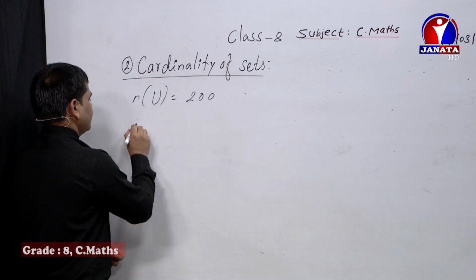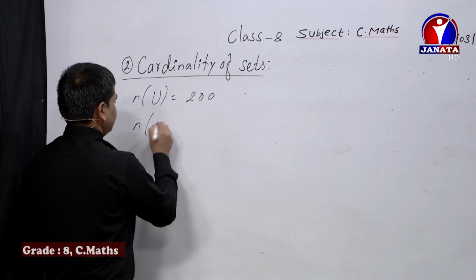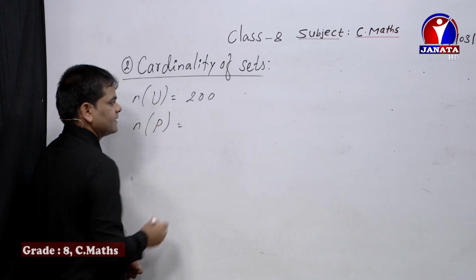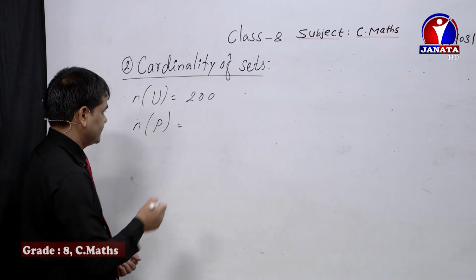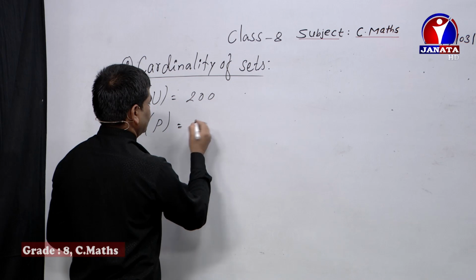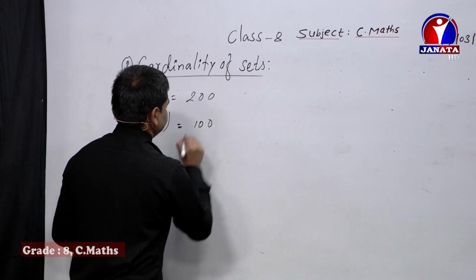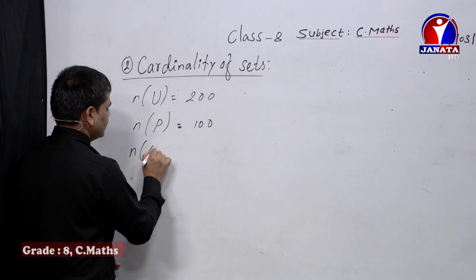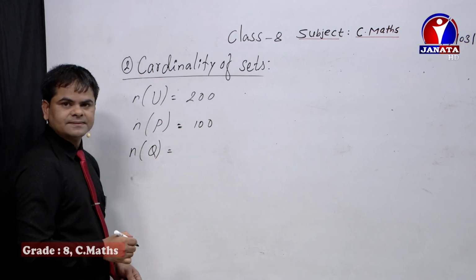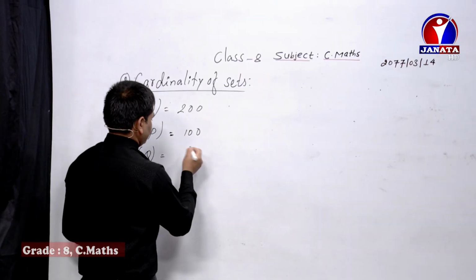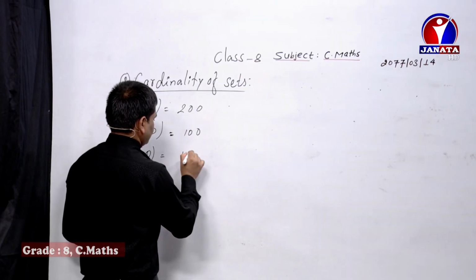And then the number of elements contained in set P, let's write as 100. The number of elements contained in set Q, let's write as 120.